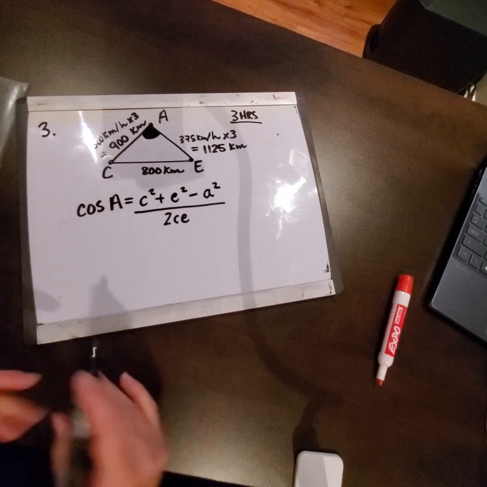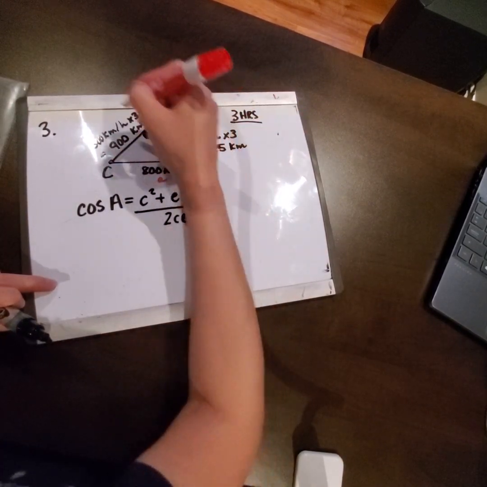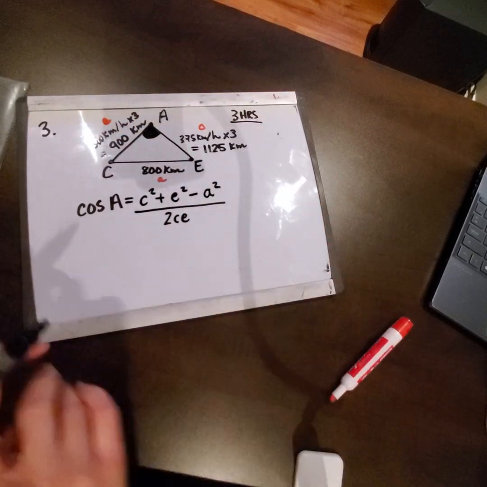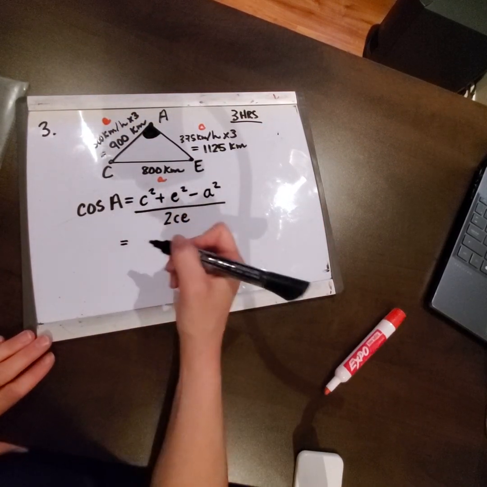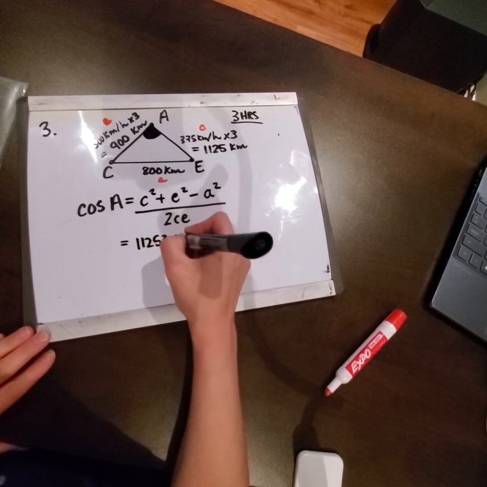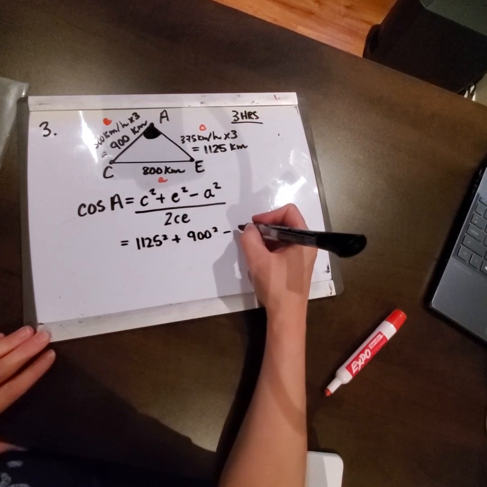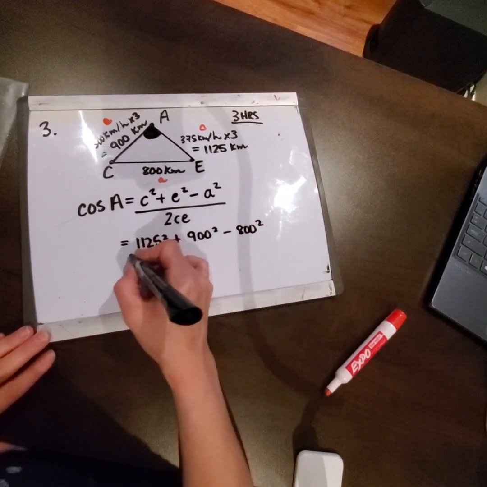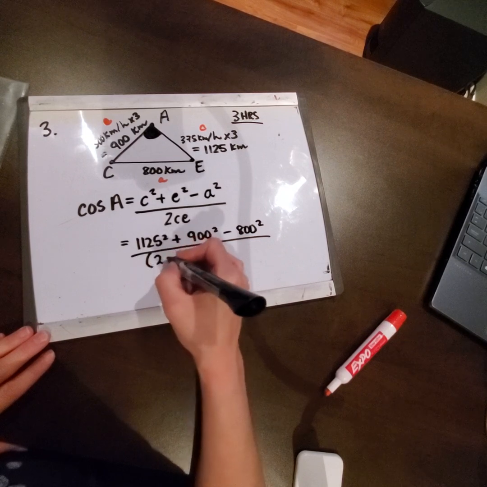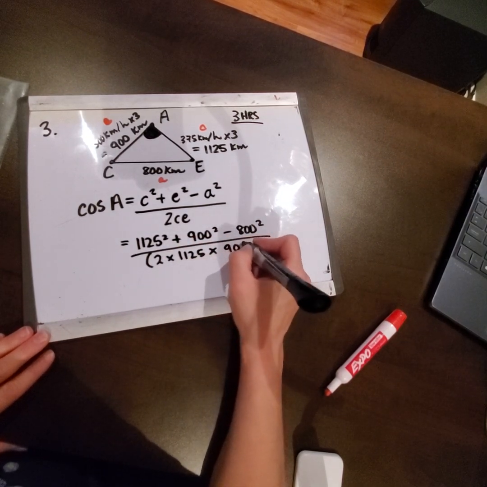Actually, I haven't even labeled my diagram yet. I'm sorry. So big A, big C, little c, big E, little e. Okay? So little c is 1125 squared plus 900 squared minus 800 squared divided by, bracket, 2 times 1125 times 900.